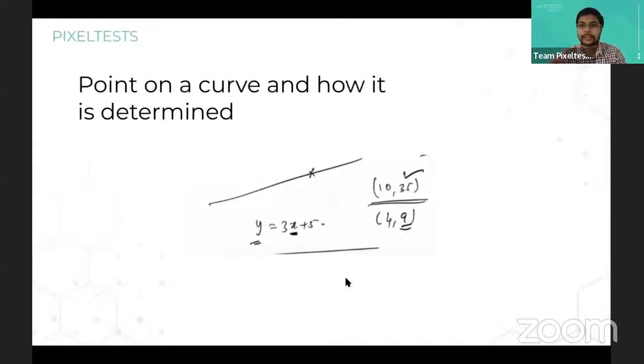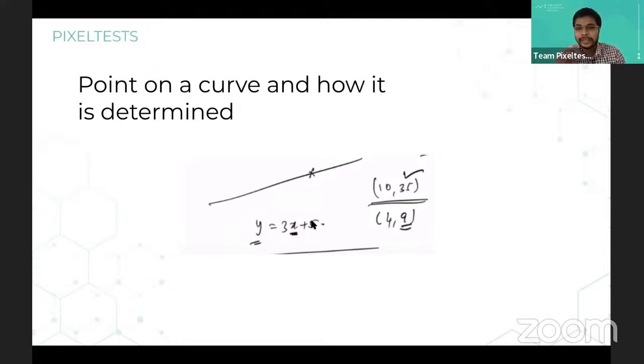To understand a little more about elliptic curve cryptography, Professor Pandurangan sir explains how a point is mapped and how we know that a point is on a line. Let's say there's an equation y equals 3x plus 5.